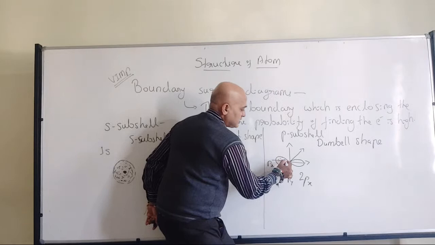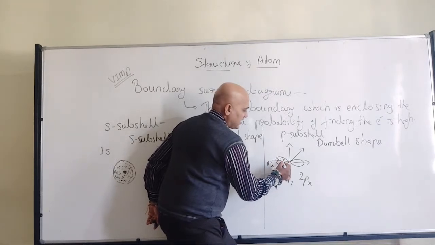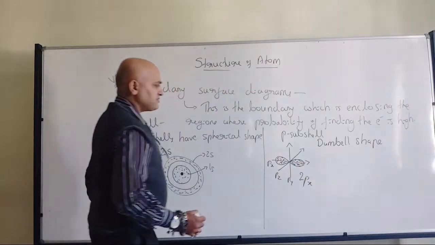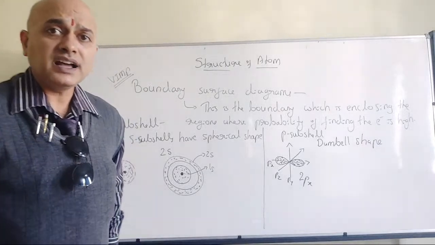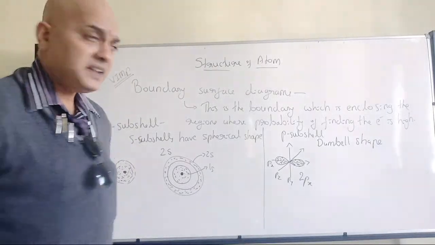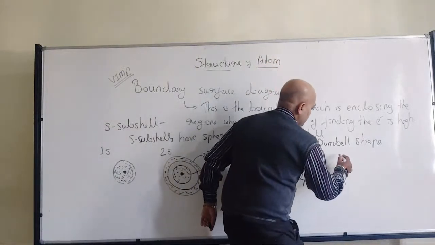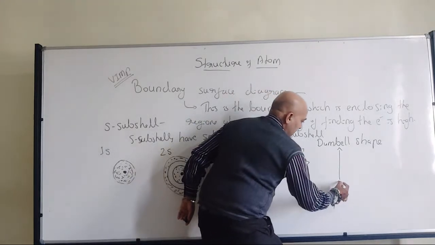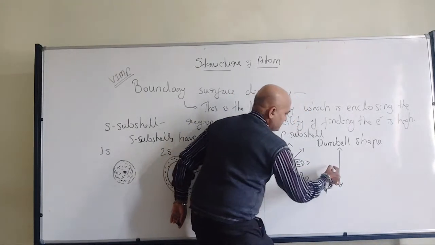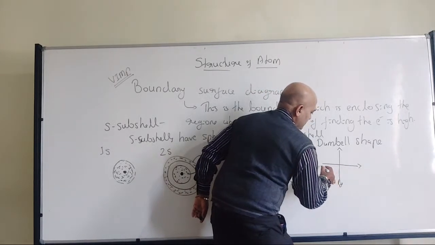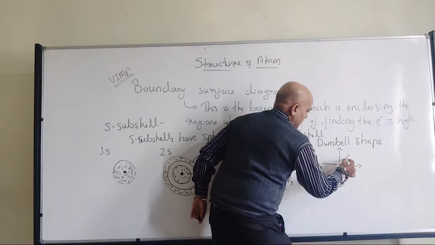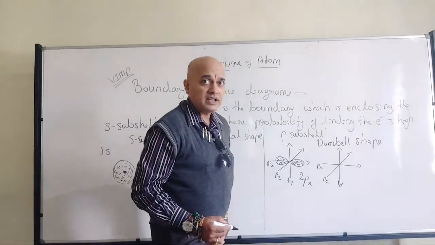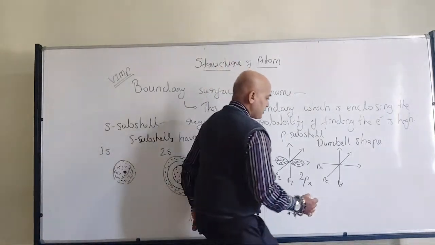That's where I have the px orbital structure. Fine. Same way, we have another orbital. Now observe carefully. Since for py I have taken this one, I will maintain the same. Since for px I have taken this horizontal line, I will maintain the same. And pz I will maintain the same. I am not going to change. I will maintain uniformity.